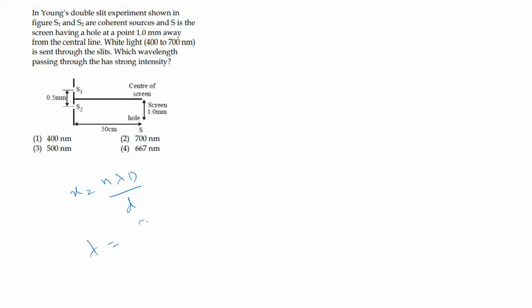Find out that is X d by n D. So all values given: X is given as 1 mm, 1 mm means 1 into 10 power minus 3. Clear. Slit separation is given 0.5 mm, 0.5 into 10 power minus 3, by n as it is. Distance between the screen and where the hole is made is 50 centimeter. This is 50 into 10 power minus 2.